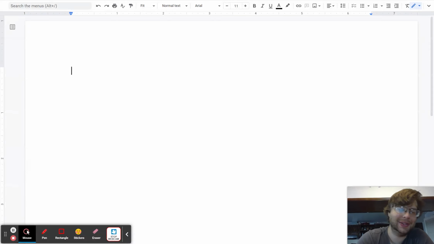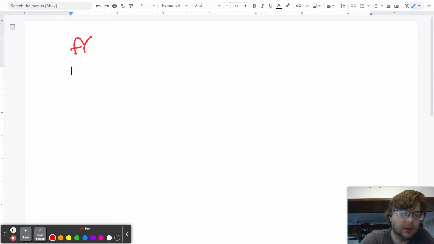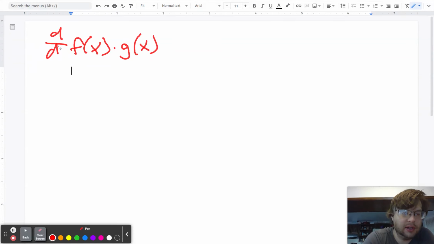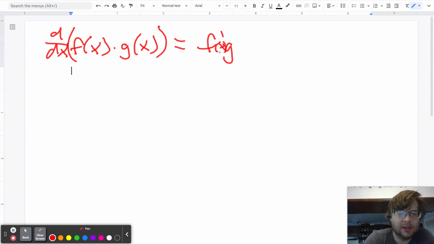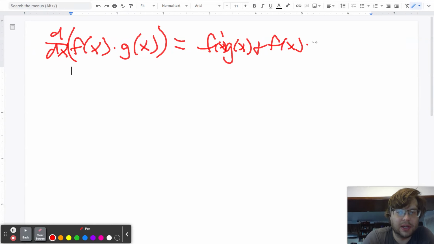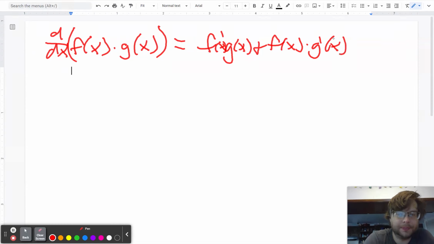The things we didn't get to last week were the product rule, where if you have the product of two functions and you take the derivative of that, you can write that as f prime of x times g of x plus f of x times g prime of x.